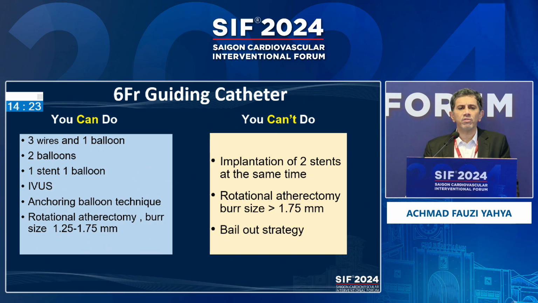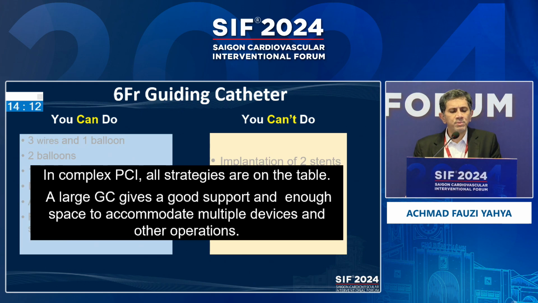And if we are using rotational atherectomy with a burr larger than 1.75 millimeter or a bailout strategy, you need a large bore. In complex PCI, all strategies are on the table. A large guiding catheter gives good support and enough space to accommodate multiple devices and other operations, including if you are dealing with a CTO.